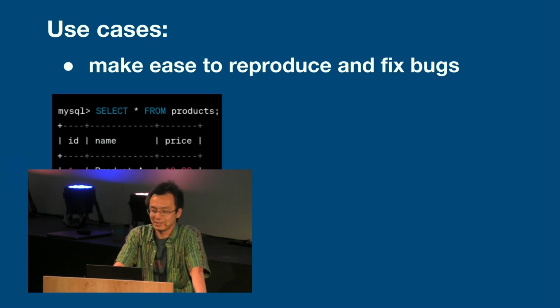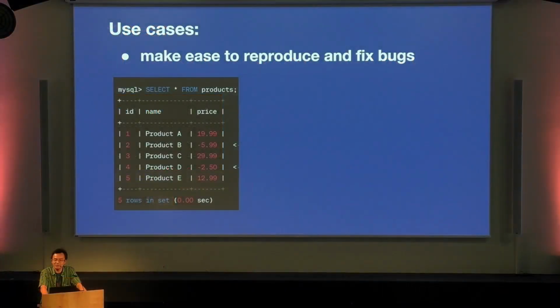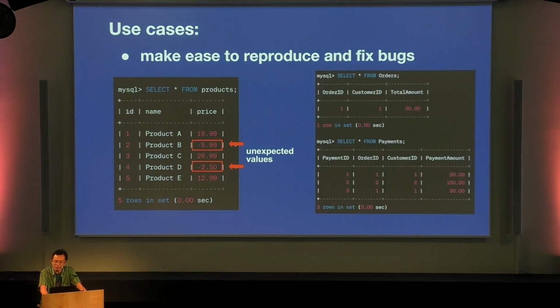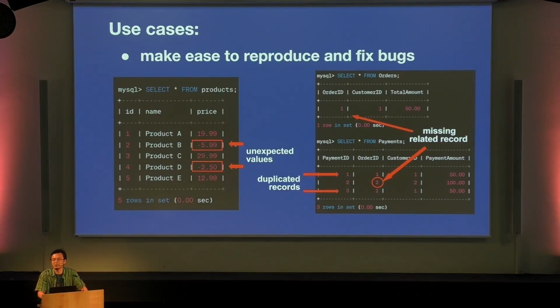For instance, you have a product table and you don't know why the price is negative. Or in order and payment records, there's a missing order record. Why does it happen? Or duplicate payments. This kind of bug is sometimes harder to find or reproduce as well.